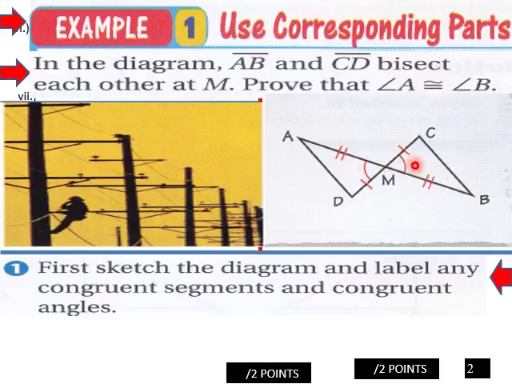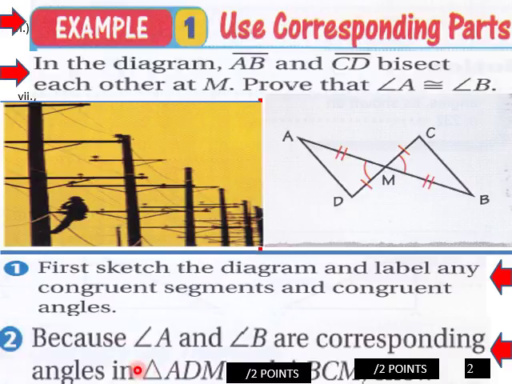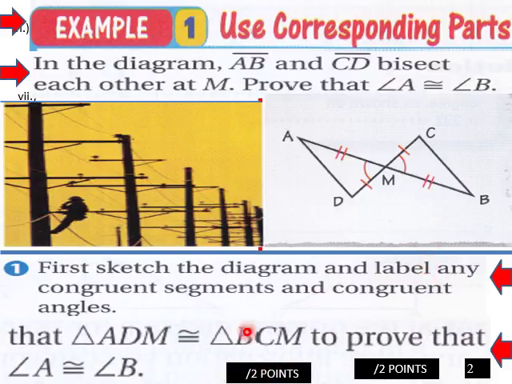We know these segments are congruent, and these angles are congruent. Because angle A and angle B are corresponding angles in triangles ADM and BCM, triangle ADM is congruent to BCM. To prove that angle A is congruent to angle B, we proved that these triangles are congruent, so they must be congruent by that fact.